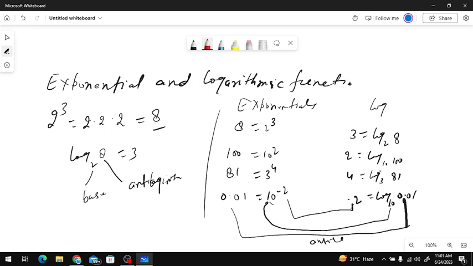But how do we write these in algorithms and plot them? Similarly, for exponential functions, let me erase here.